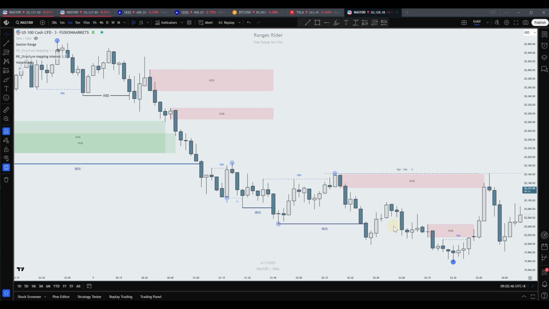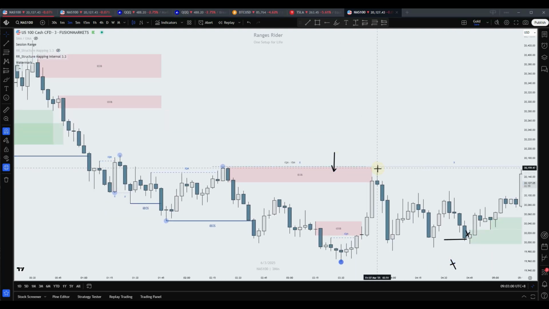And similarly, now we have the range from here to here, right? After the QM, where is our next leg? Look, the next leg is here. Now what happened?